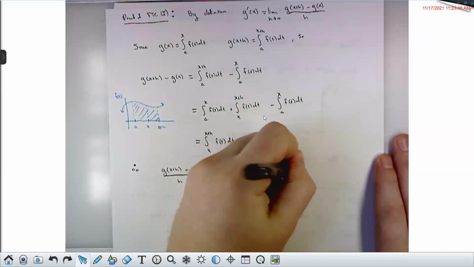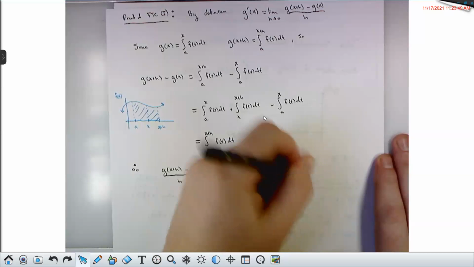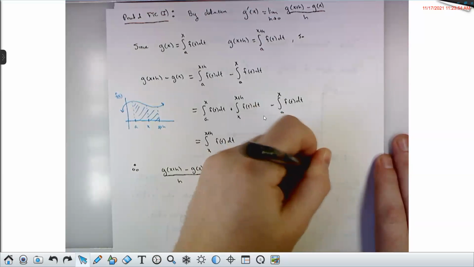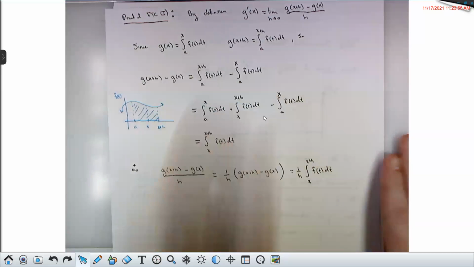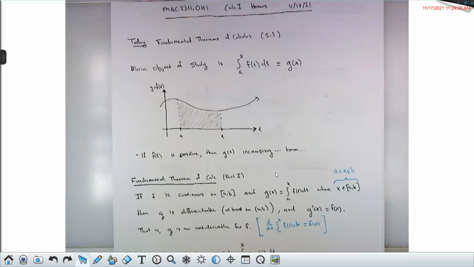So this is 1 over h times the integral from x to x plus h of f of t dt. Now remember, f, we are assuming, is a continuous function on the closed bounded interval a b, which means it has a max and it has a min, right?